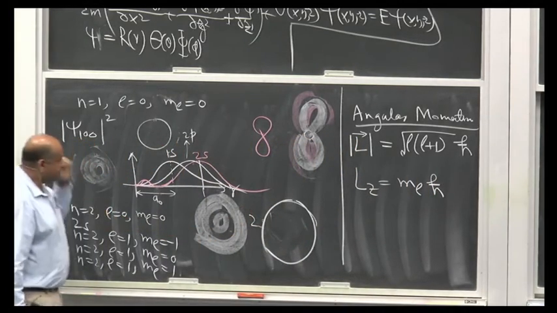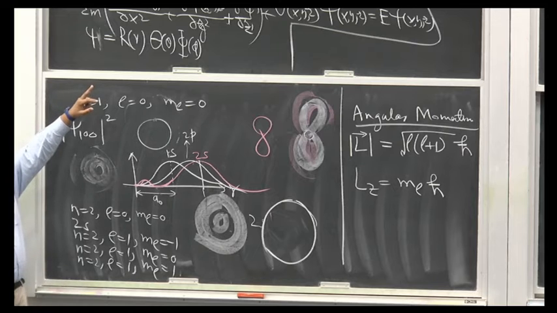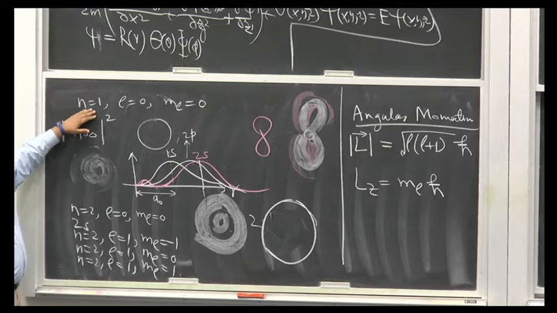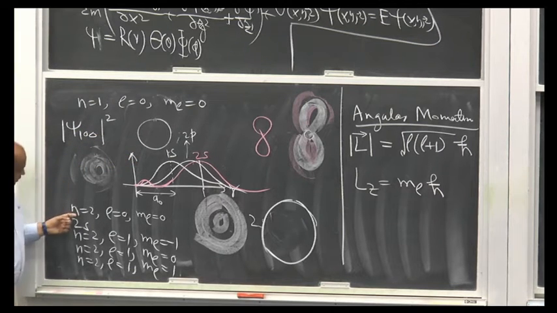So, for example, when the electron is in this state, it has an energy given by that formula, but how much angular momentum does it have? 0. Because l is equal to 0. When the electron is in this state, it has a different energy, but still 0 angular momentum.